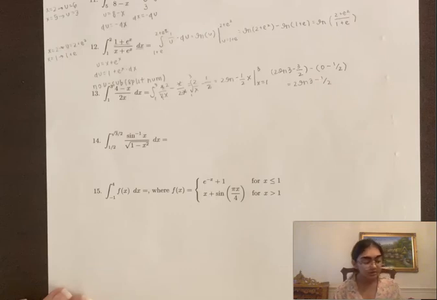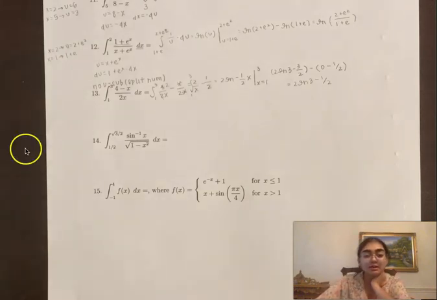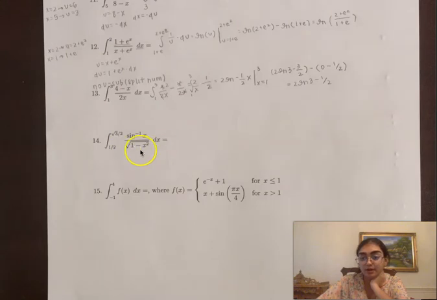Number 14 is another u sub problem. Really, you must recognize that the derivative of inverse sine is 1 over square root 1 minus x squared. So you have to realize that this top numerator has a derivative that is the bottom.